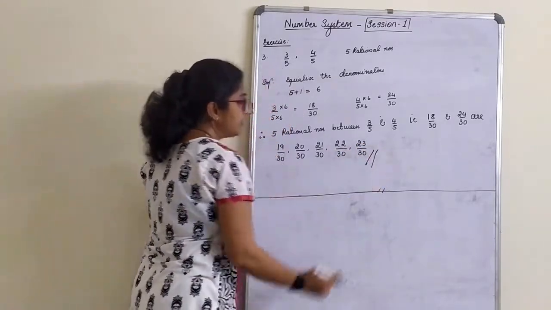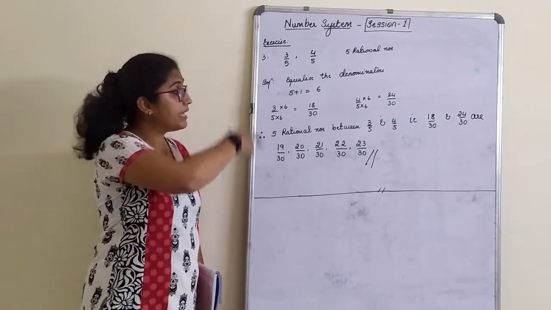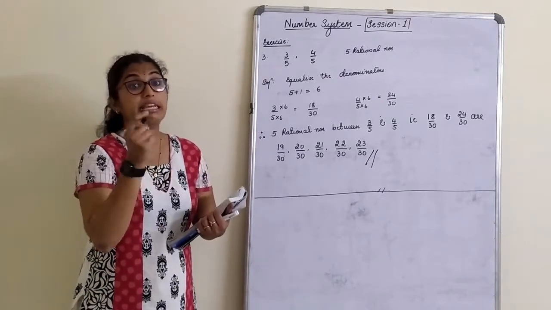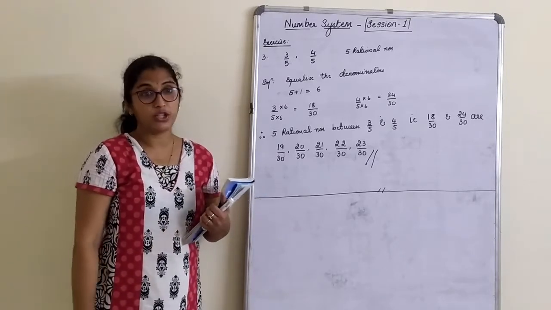Again children, this might not be your final answer. It can differ based on the given equalizing denominator. Right? We'll quickly finish the fourth one, which is true or false.